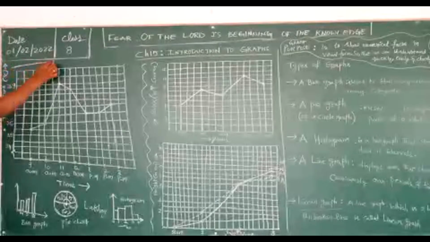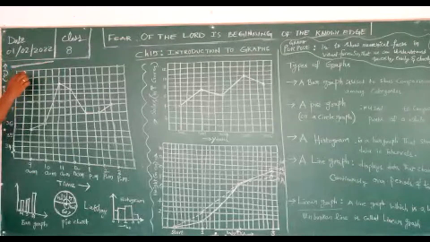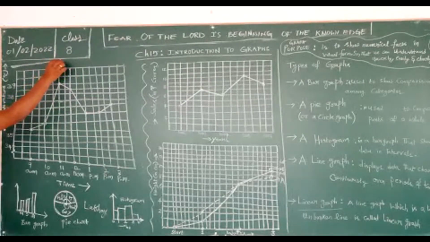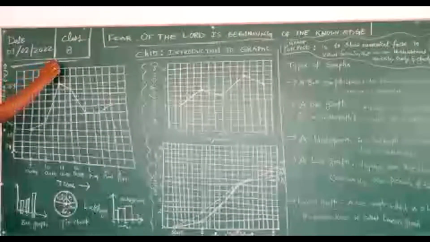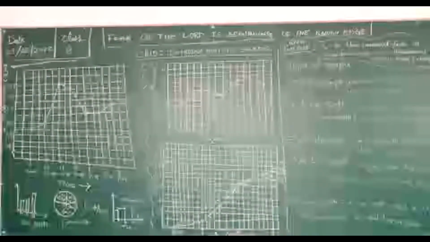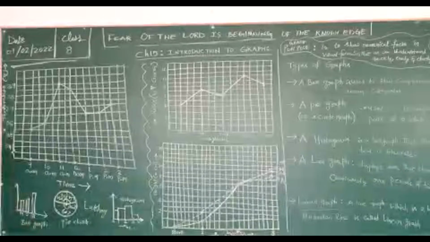If somewhere it is broken, like here there is a gap and then the line starts again, then it is not a linear graph. If there is no gap, everything is joined and you formed a straight line, then that is called a linear graph.